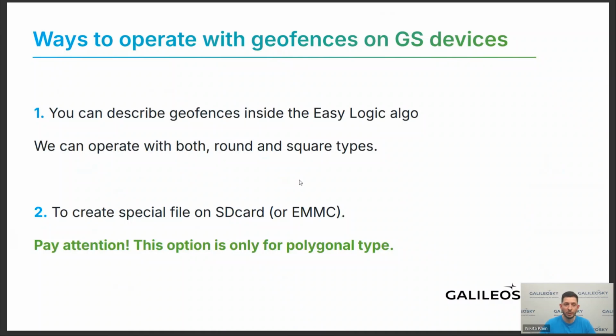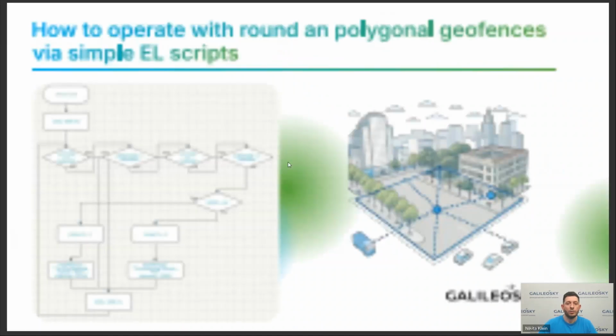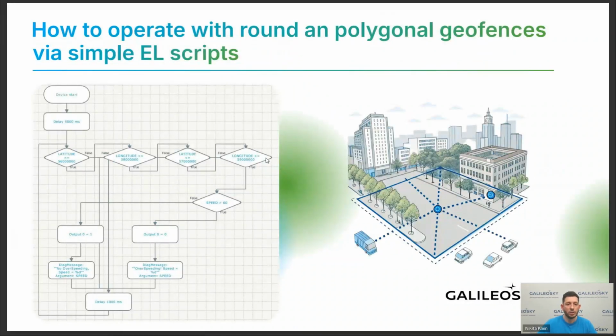And the reason could be that there are not only polygonal geofences, but a few round geofences. So you can use only polygonal geofences when you create your KML files which you want to use inside the Galileosky device. Let's go to the first method, how to create a geofence inside Easy Logic.